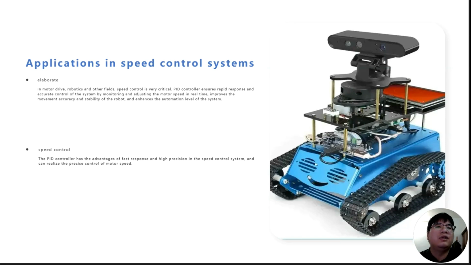The PID control measures the actual speed of the motor through an encoder, compares it with the target speed, and dynamically adjusts the voltage applied to the motor. In this way, we can make the car run fast and stable, and make the robot's movement precise and smooth.